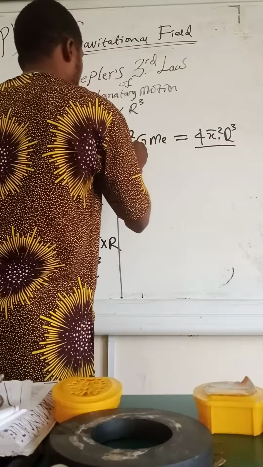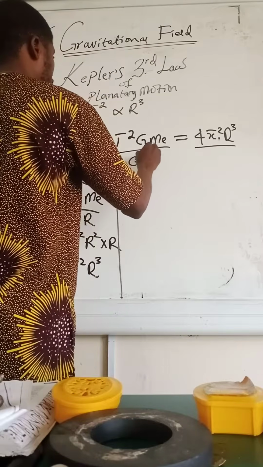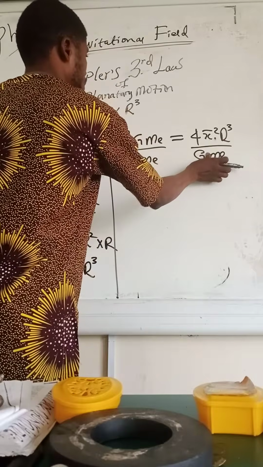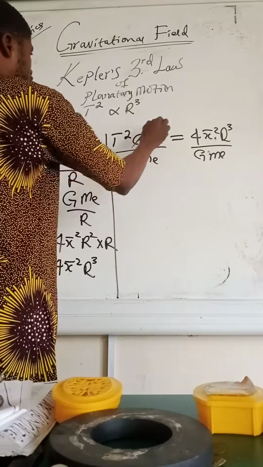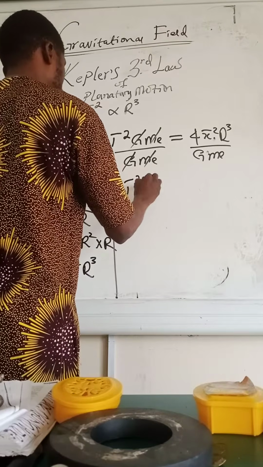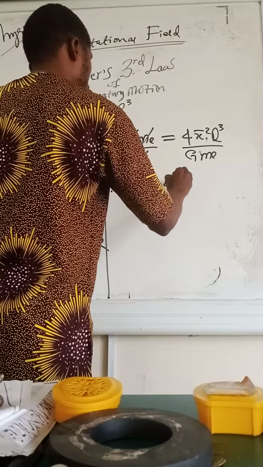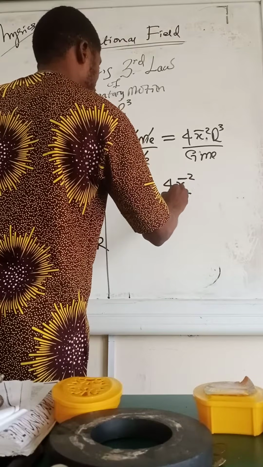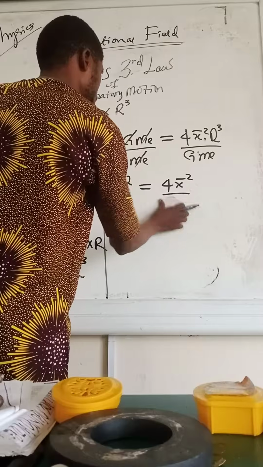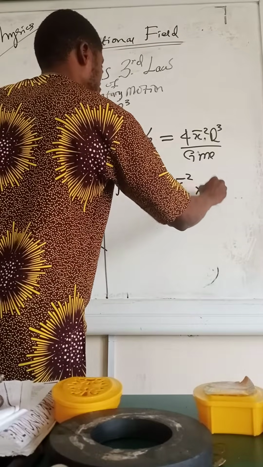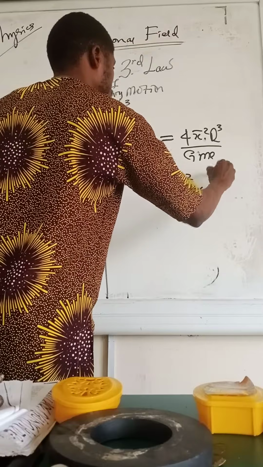So we divide both sides now by G M E. Do that, this will cancel this, therefore T squared is equal to 4 pi squared divided by G M E times r cubed.